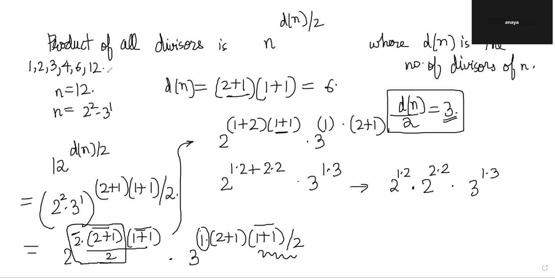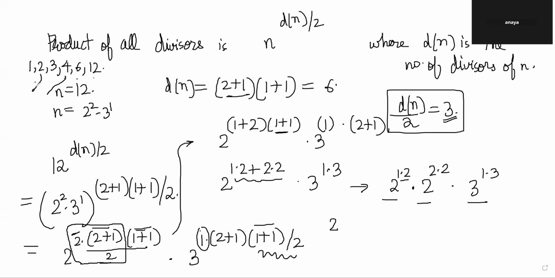So now this thing can be split as 2 power... See, you are getting 2 power 6 anyway. You would have gotten powers of 6 as 1 from here, 2 from here, 1 from here, 2 from here. So 6 you would have gotten.